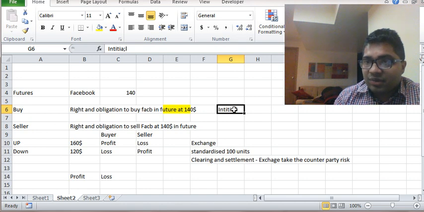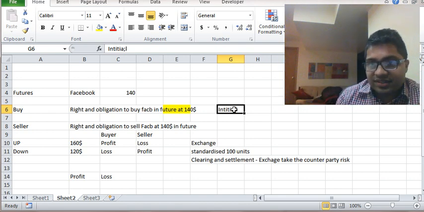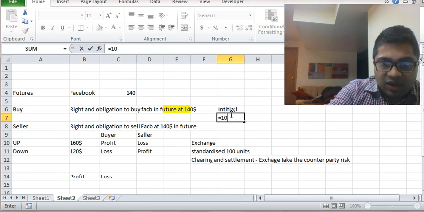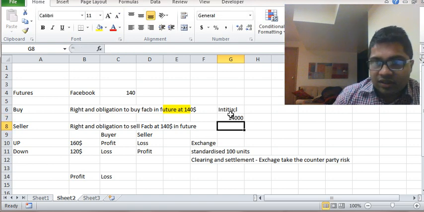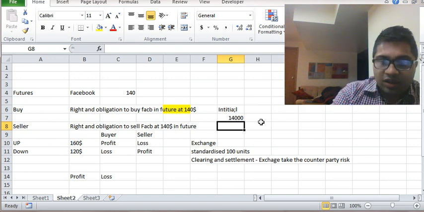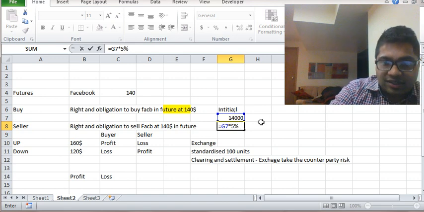So initial margin means you don't have to deposit the entire amount, you only deposit a part of it and you trade on a bigger chunk. So let's say Facebook is at 140 and you are trading one lot of 100, so 140 into 100, you're trading stocks worth $14,000. But generally you would have to deposit, let's say, 5% of it, that's it.